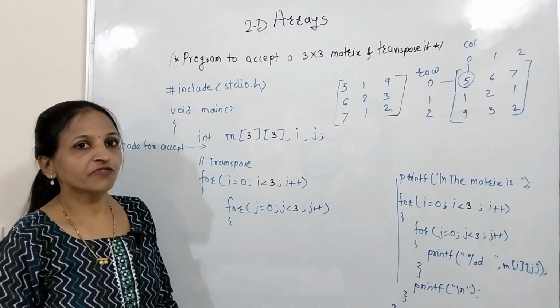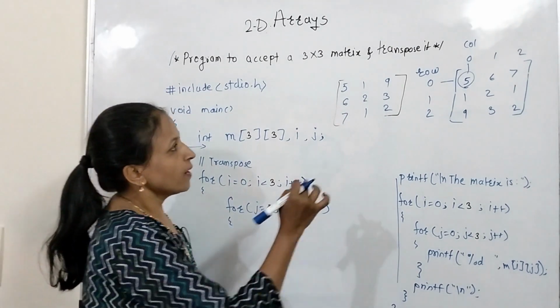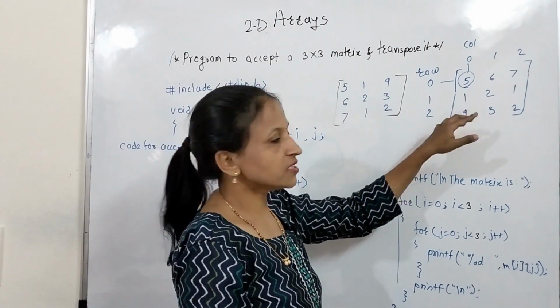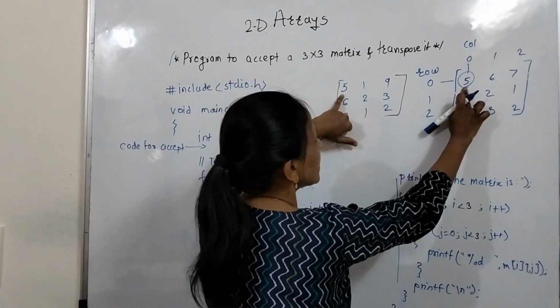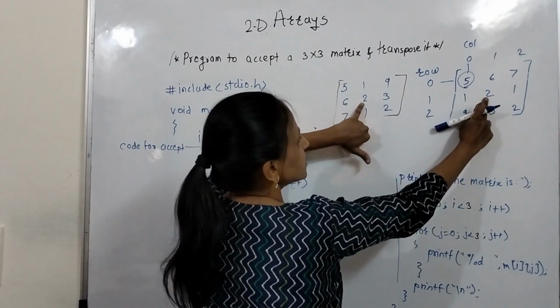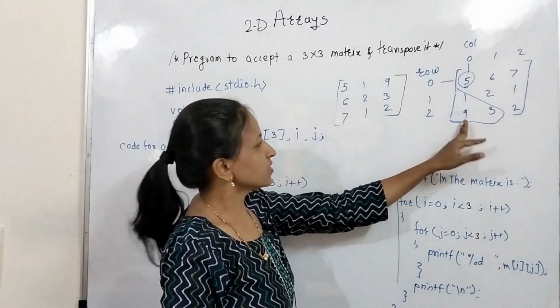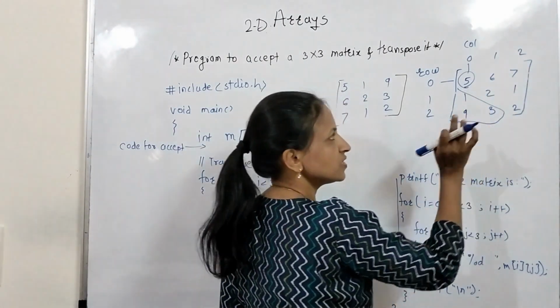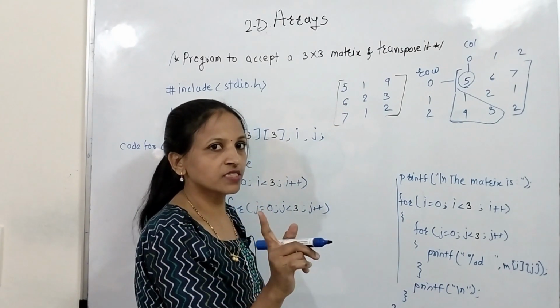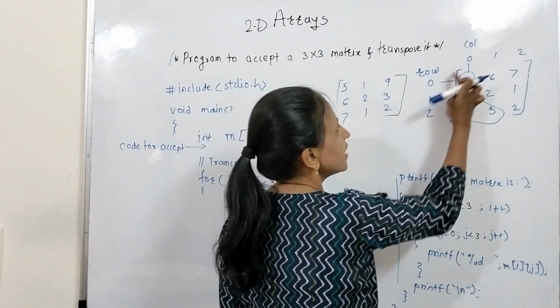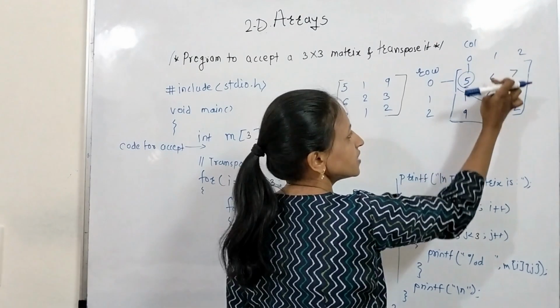While transposing a matrix, how to do that? See, in this matrix and in this matrix you can see that the first element will be as it is, this one will be as it is, 2 2, and this one will be as it is. And now the lower triangular matrix is shifted here, and this one is shifted here. Now we can do it like this. See, here i and j are the same, here also i and j are the same, here also.